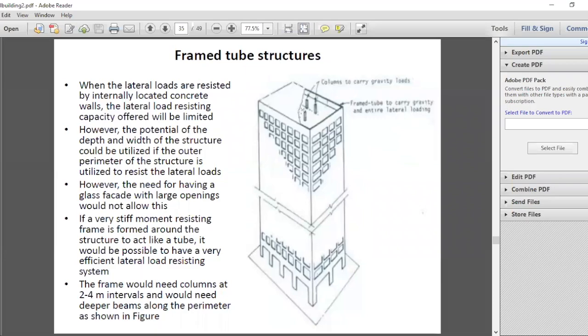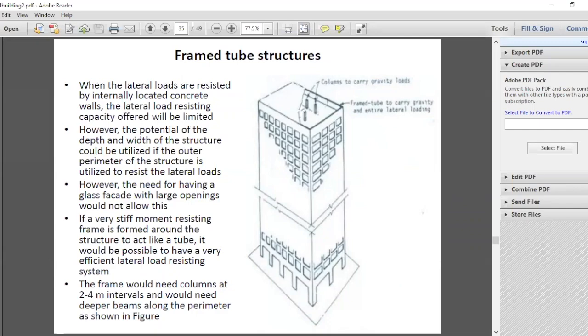So in the frame tube structure, what we do is we create a perforated tube. The ideal is to have a tube with no openings, but we can't have a building without openings. So by using so many columns and beams, we create a lot of openings.